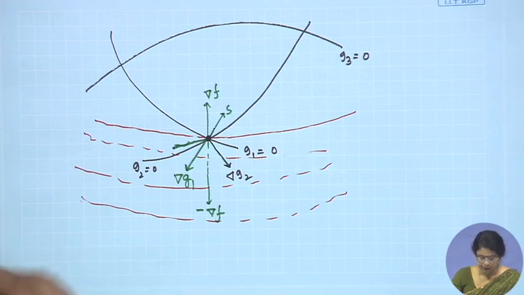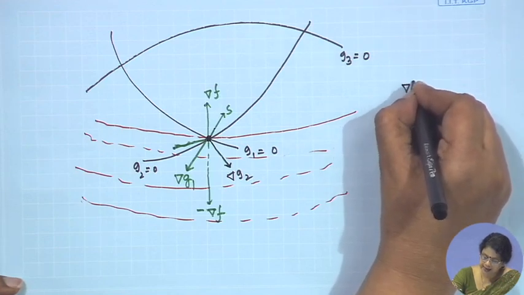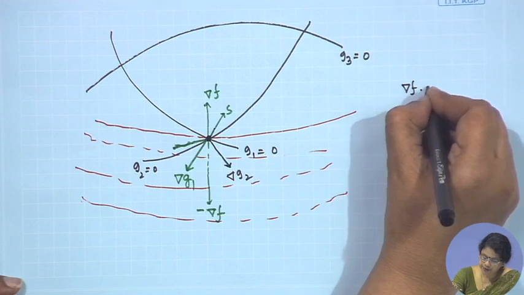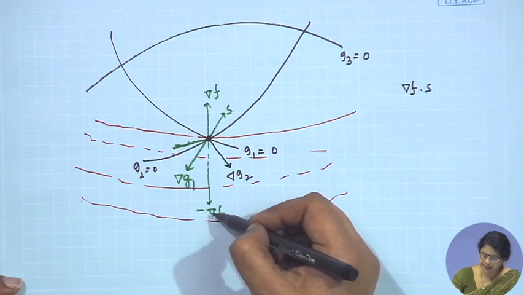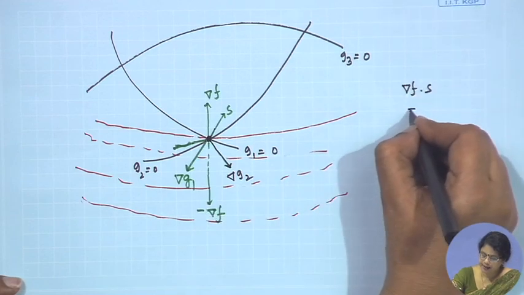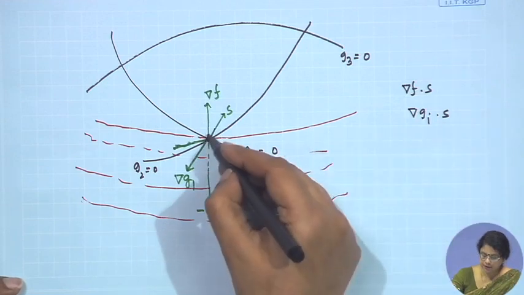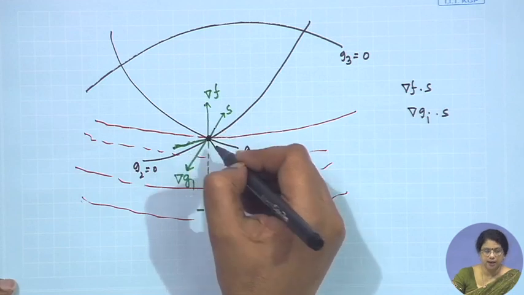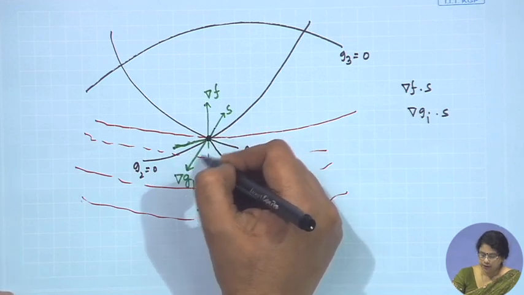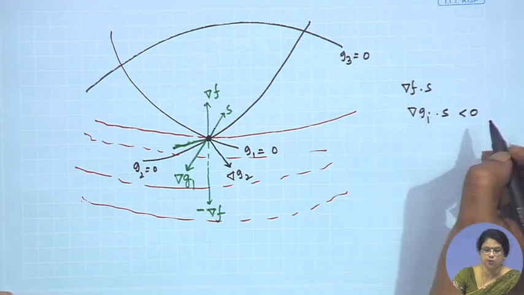So you had the relation: minus grad f dot S, and grad G i dot S. S is the feasible direction if this is less than 0, making the obtuse angle with the constraint gradients.